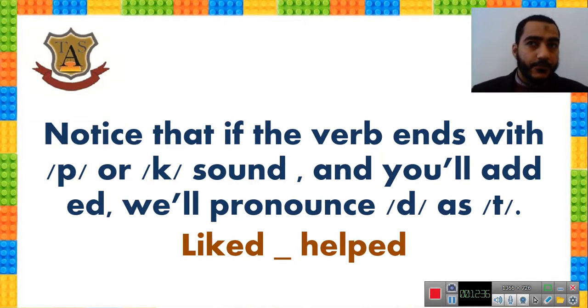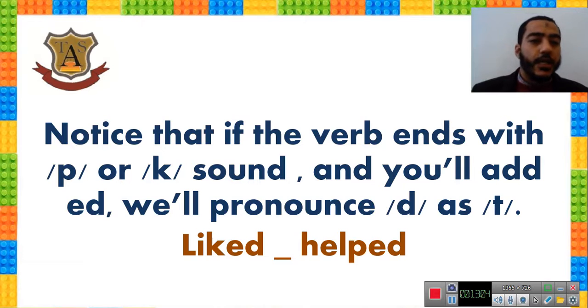Like. It's regular. We will add d to it to make it past, and it ends with k sound. What should I do? Should I say it liked or liked? Yes, liked. We pronounce d as t sound.